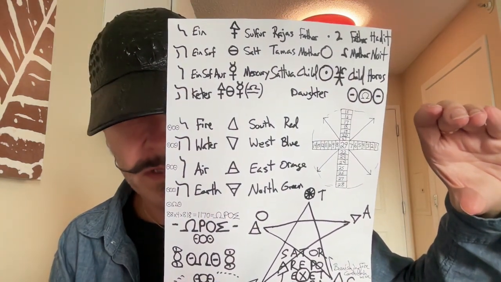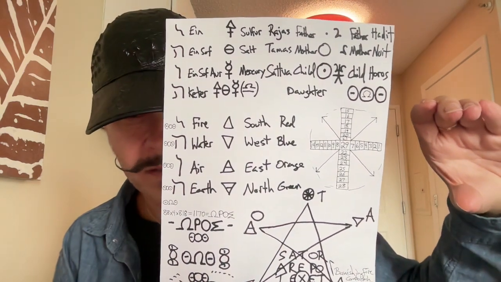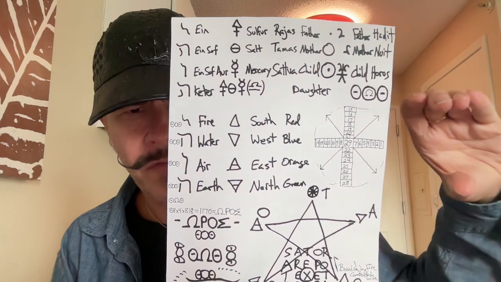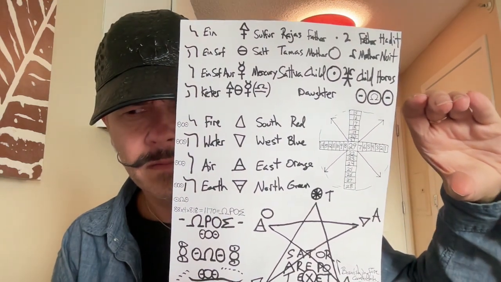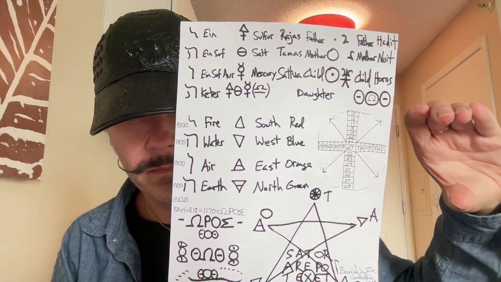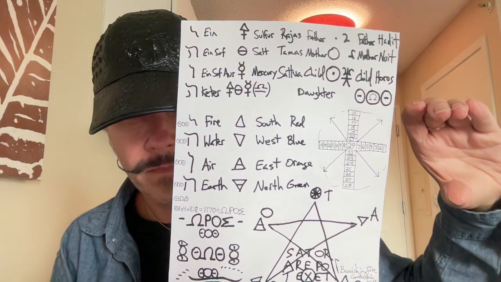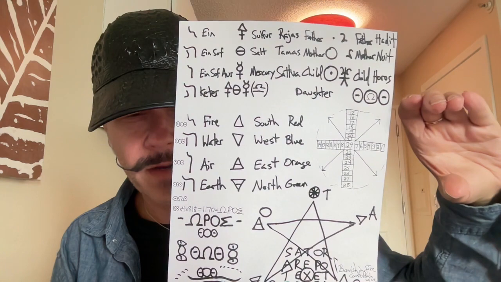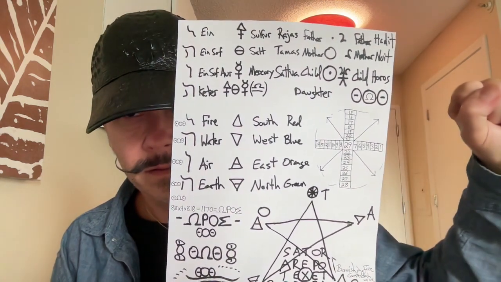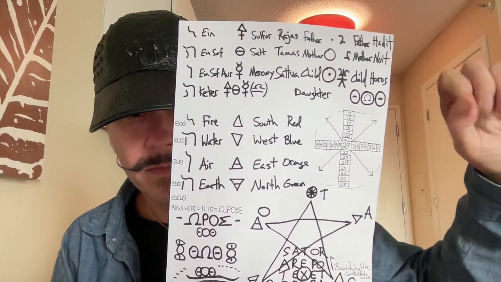And that would be Tamas, the mother. So 7 through 10, Tamas. 3 through 10, Rajas. 7 through 10, Negredo. 3 through 6, albedo.